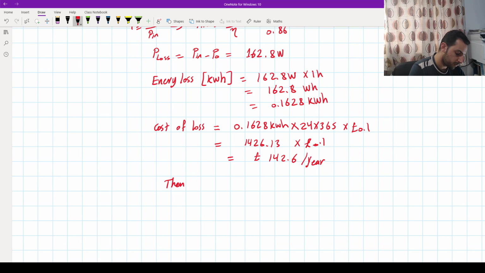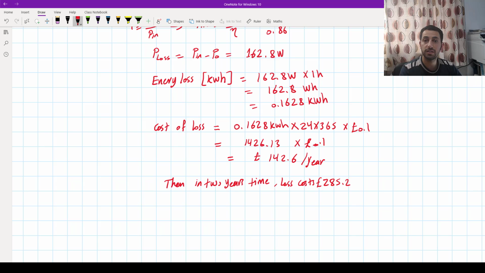Then, in 2 years' time, the losses cost about £285.2, which is more than the 200 we already offered them. So they already will lose it if they didn't get our converter.